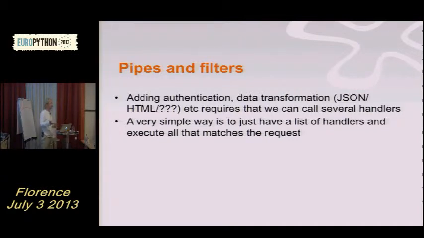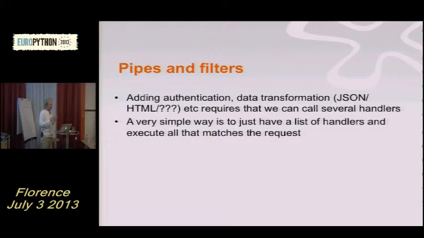An authentication handler, for example, would be something that you call, and you mostly only care if it succeeded or not, and maybe you stick stuff into session information. But data transformation would be something where you actually take the output of another handler and feed it downstream.